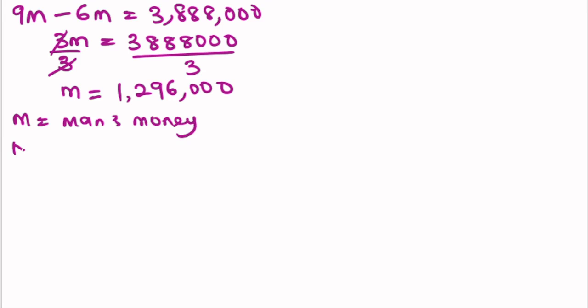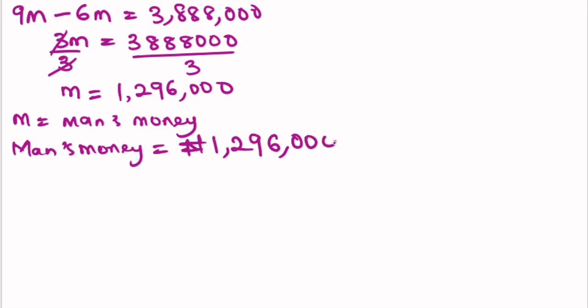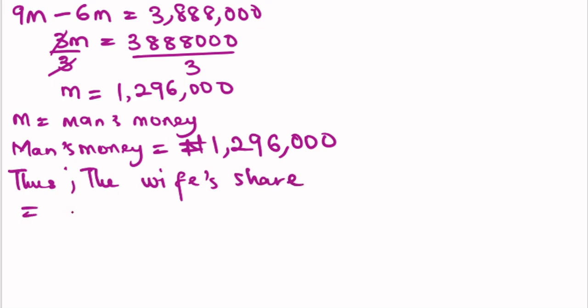So remember, m belongs to the man's money. So we can say that the man's money is equal to 1,296,000 naira. Remember the question said we should look for the wife's share. Thus, the wife's share is equal to 4m over 9.